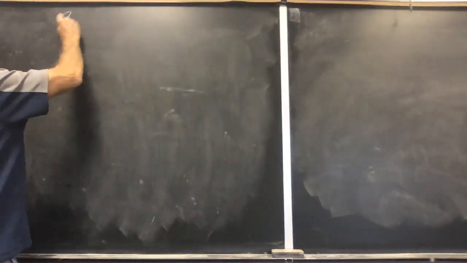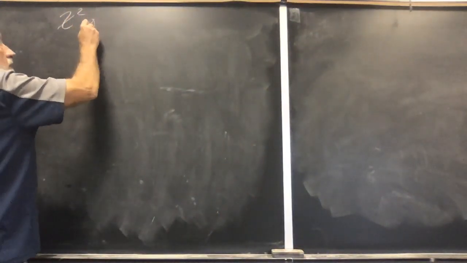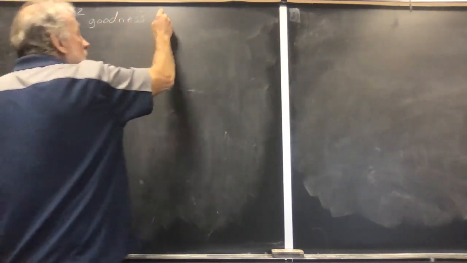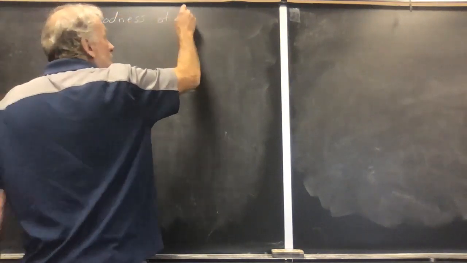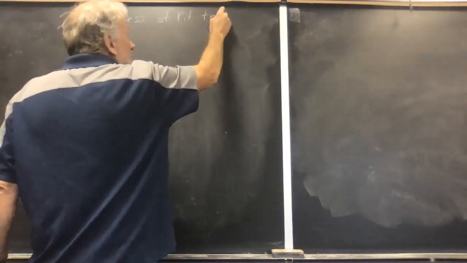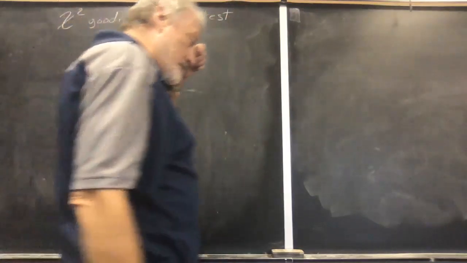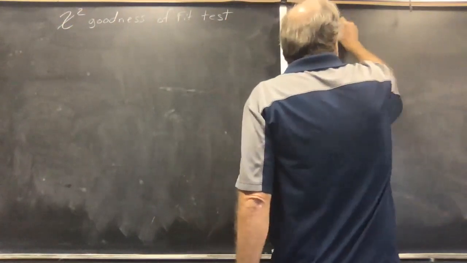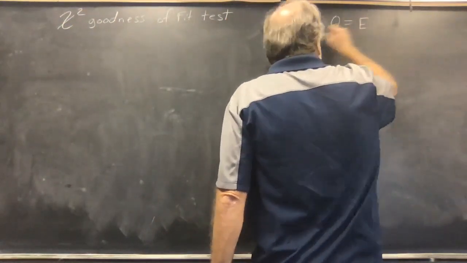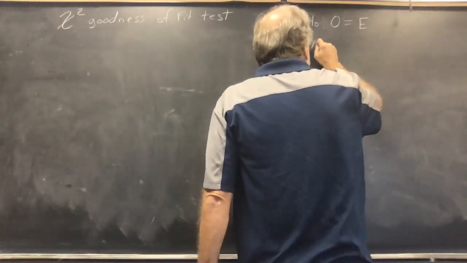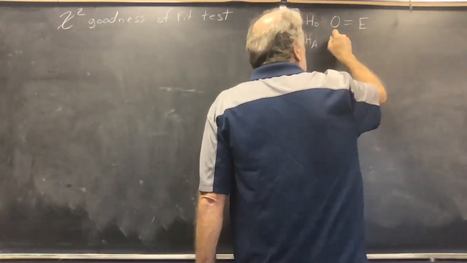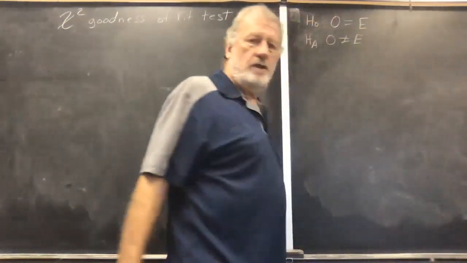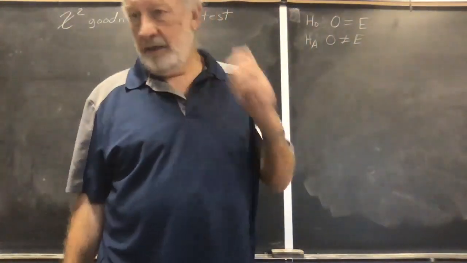Remember, this is called the chi-squared goodness of fit test, discriminating between the null hypothesis of no difference, observed equals expected, versus the alternate hypothesis that just states the observed does not equal the expected.